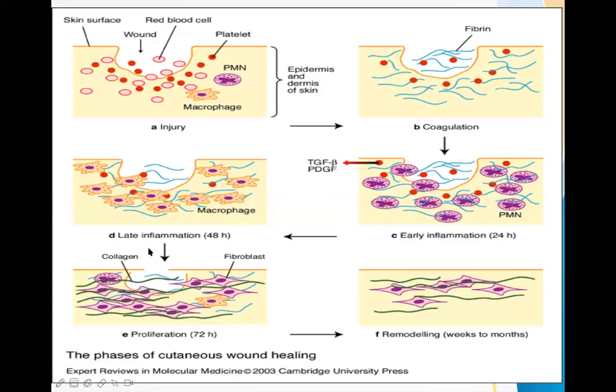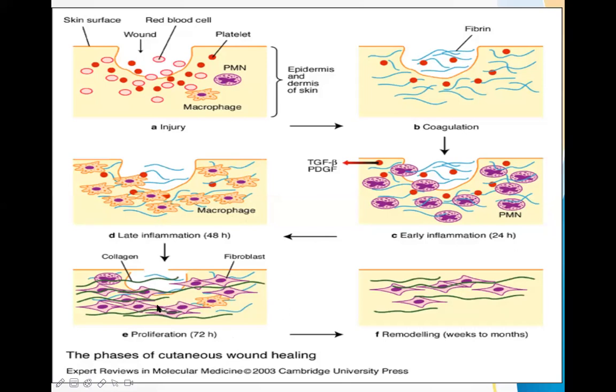Now within 48 hours there is late inflammation, and late inflammation is highlighted by the collection of macrophages. These macrophages are present in the tissue. This is explained very briefly; later on we'll elaborate this in detail. Now within 72 hours there is proliferation, the synthesis of collagen, and the fibroblasts come into the picture.